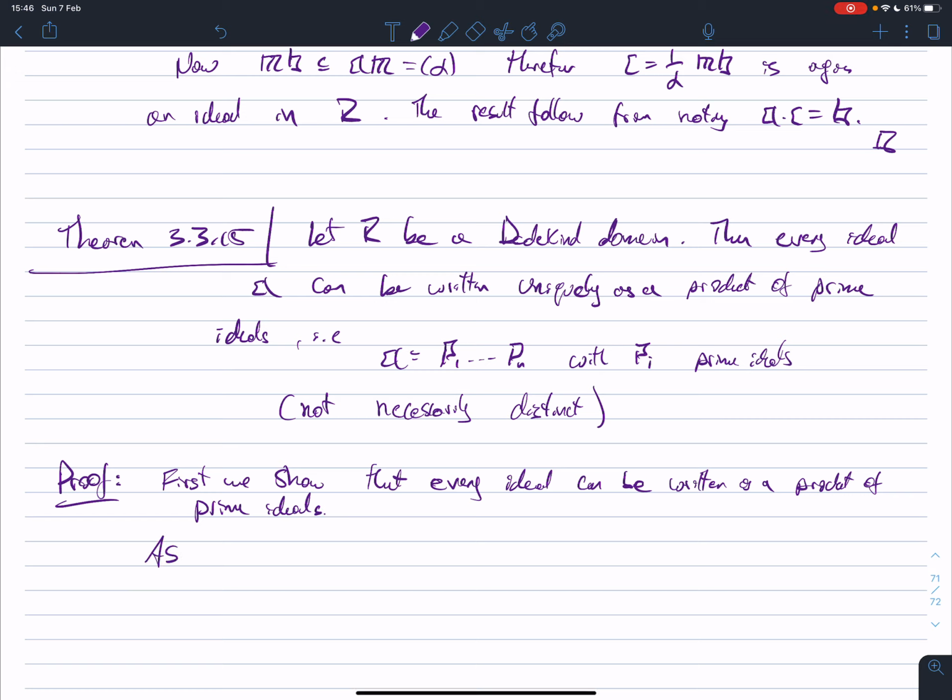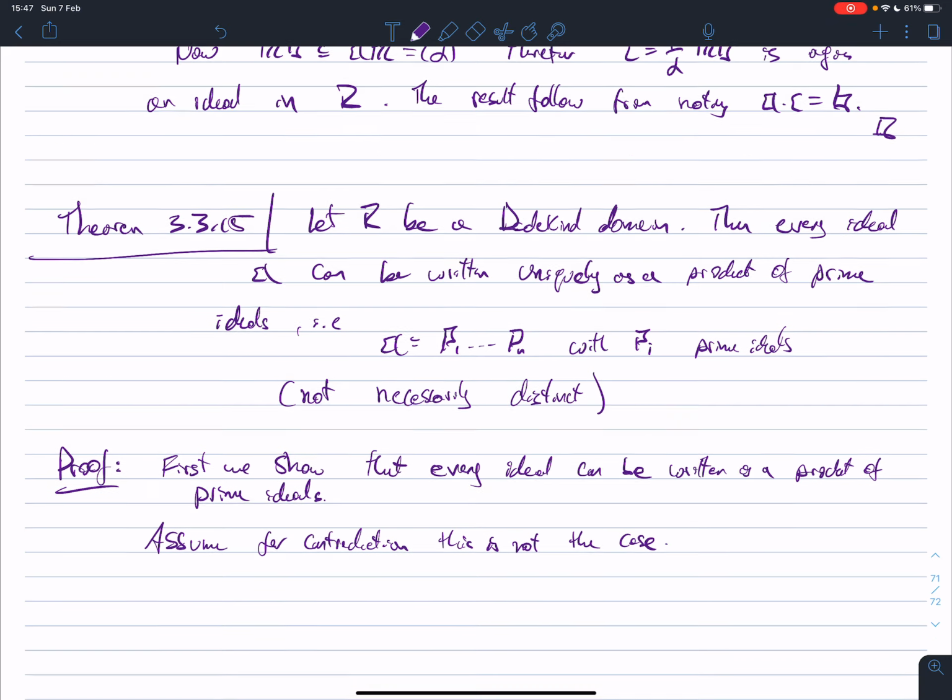Again, assume for contradiction this is not the case. Then let's consider the set of all proper ideals which are not a product of prime ideals.